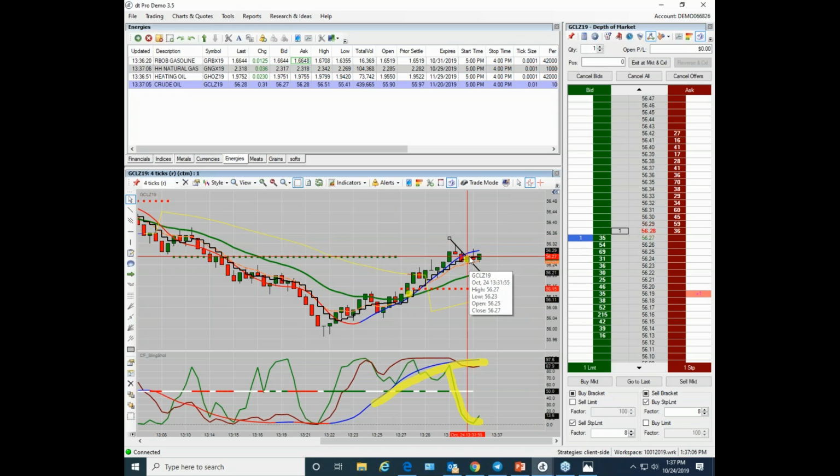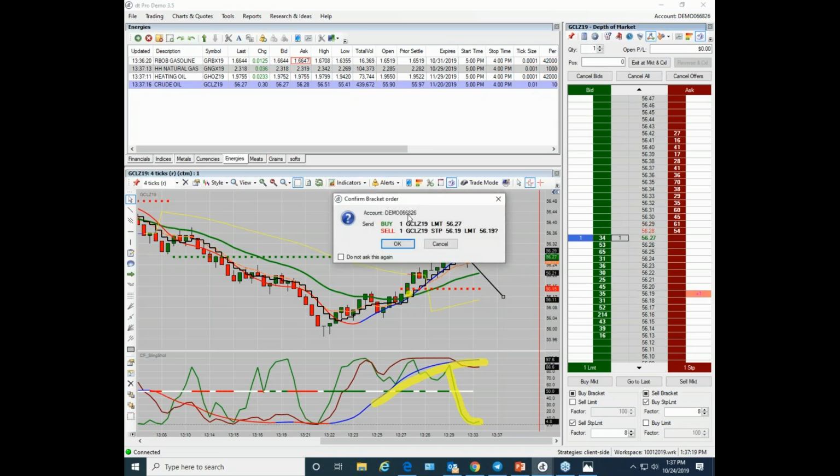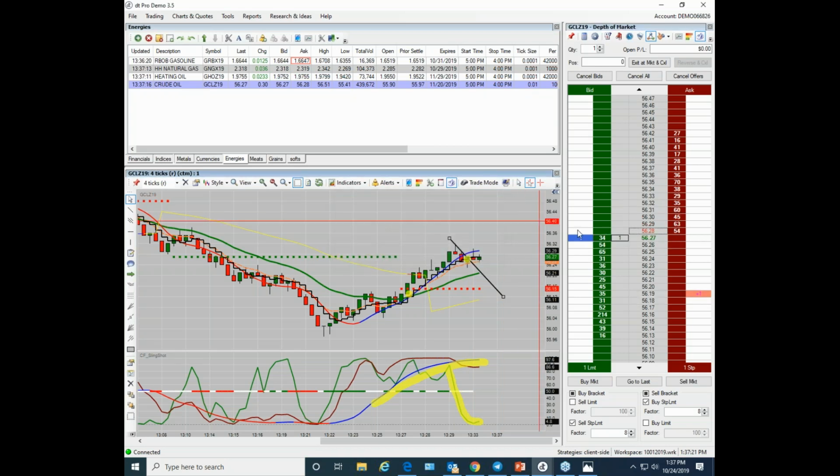See if I can do it at the same spot. Win, lose, or draw, we'll just get in the habit of, again, getting inside the DOM and executing. What I just did was I left-clicked, okay? I left-clicked in the green to create a limit order, okay? I'm saying, hey, I want it at my price or nothing, okay?